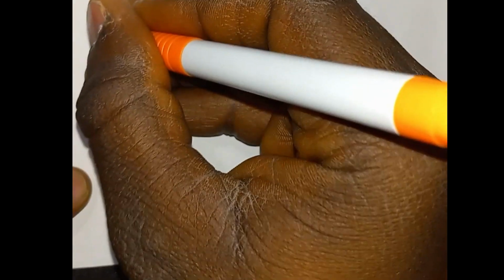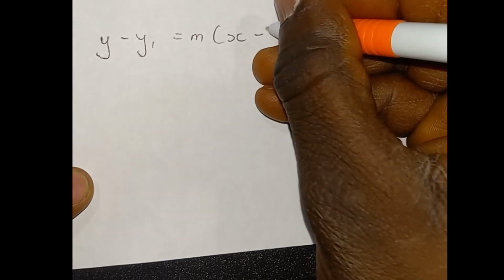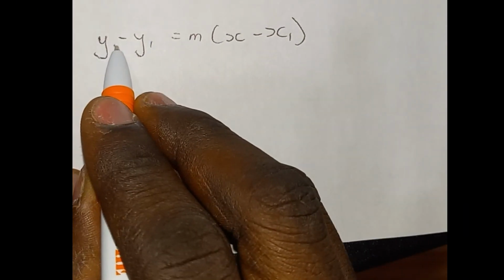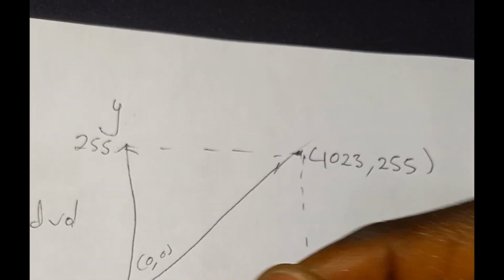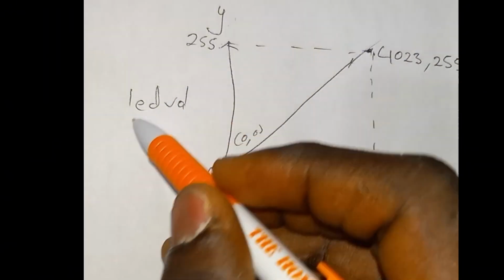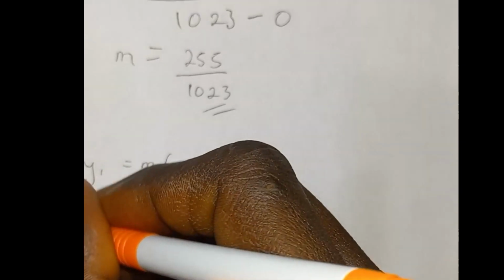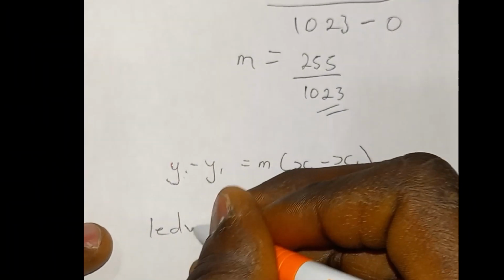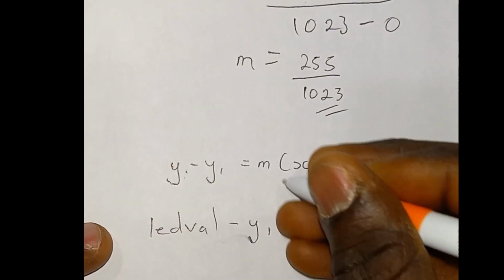We found a gradient. Now we're going to use the formula for finding the equation of a line, which is y minus y1 is equal to m times x minus x1. Now we know y, this y-axis up here is basically our LED value. So let me just put it in: LED val minus y1, because y is LED val, is equal to m.